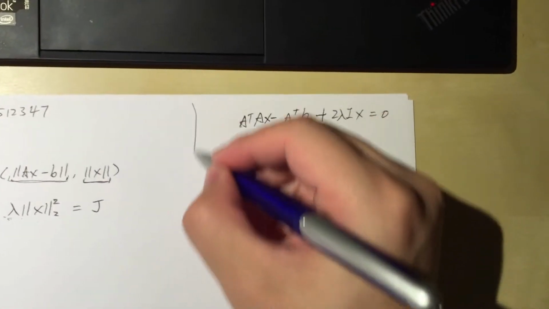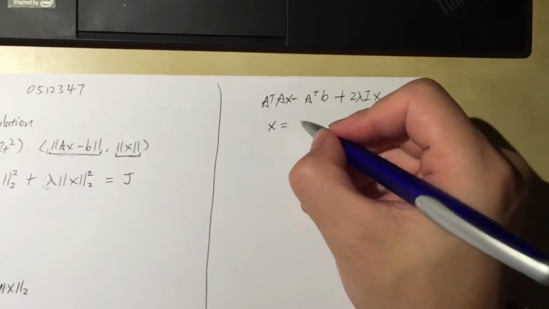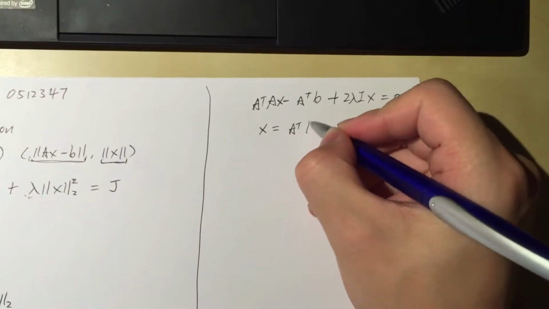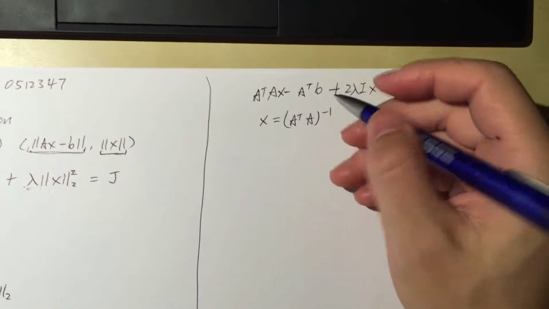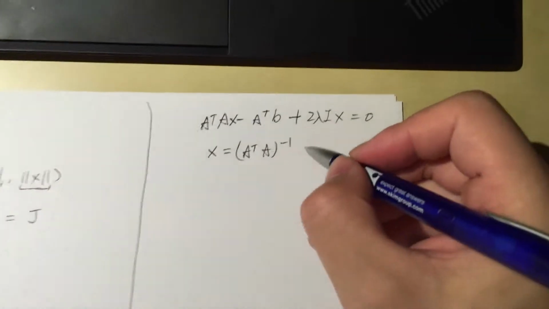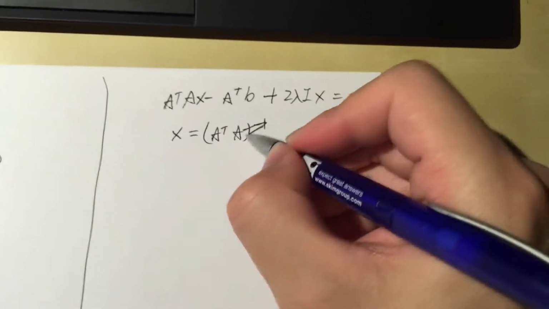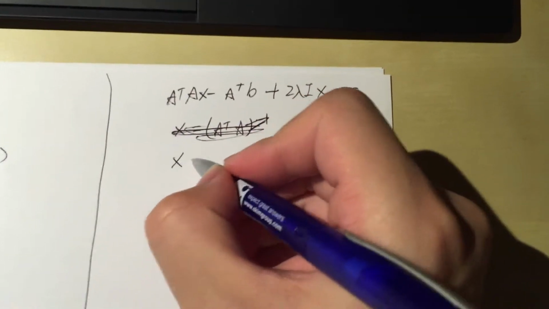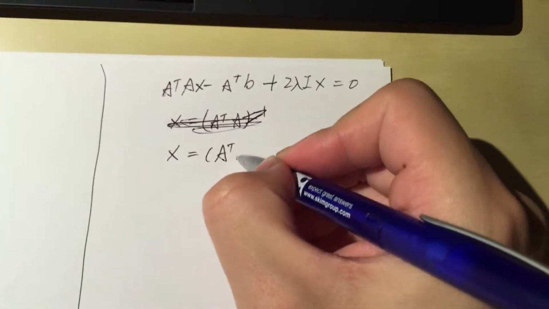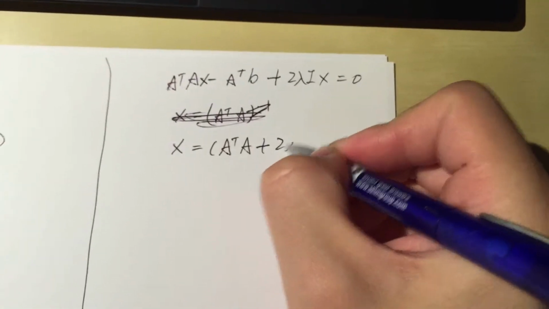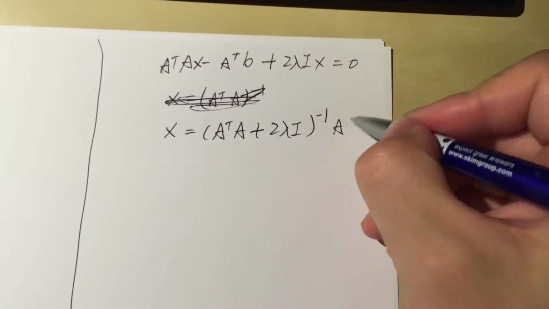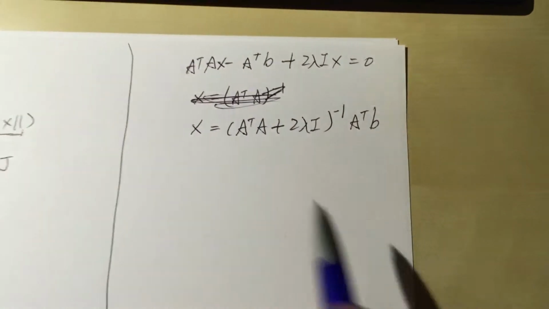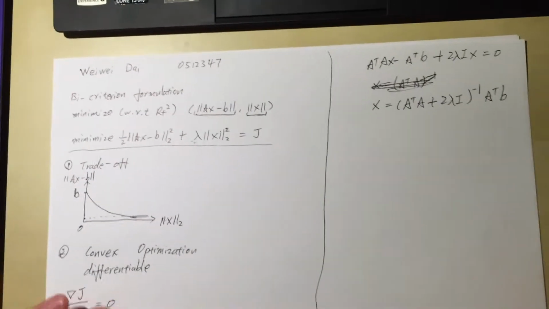The answer is x equals A transpose A plus 2 lambda I inverse times A transpose b, because we assume it is invertible. This is the answer for this problem.